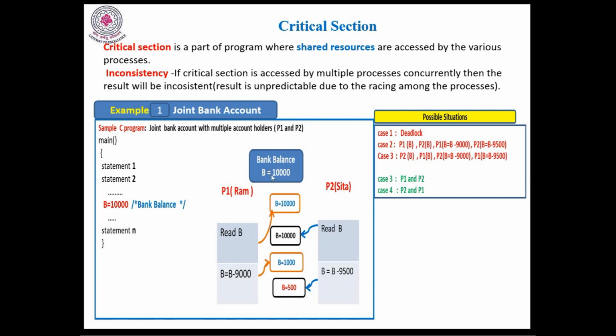Now P1 tries to access, reads B as 500, then tries to withdraw: B is equal to B minus 9,000, insufficient balance. So this is the best possible sequence. Like this, we need to execute. This is the process.